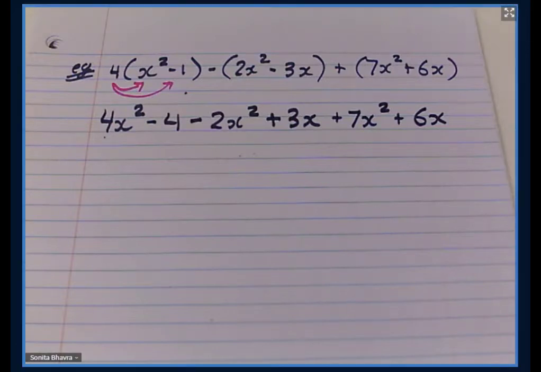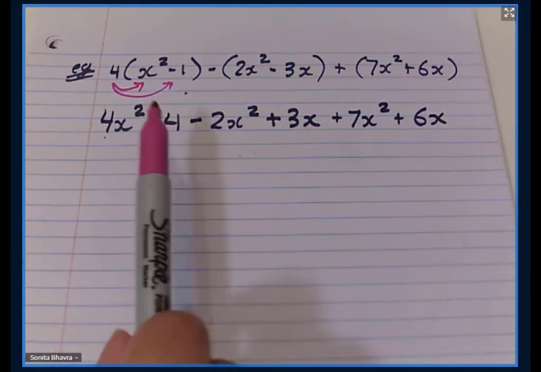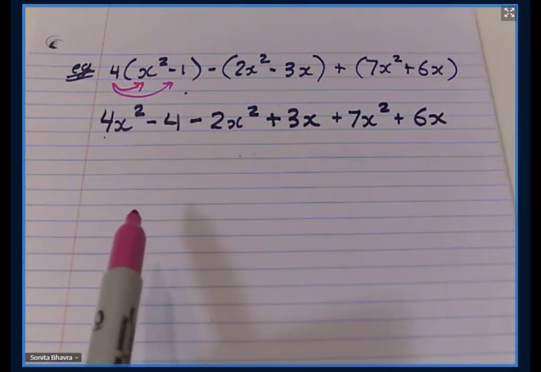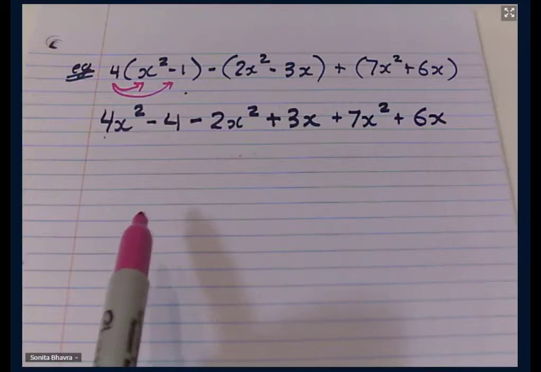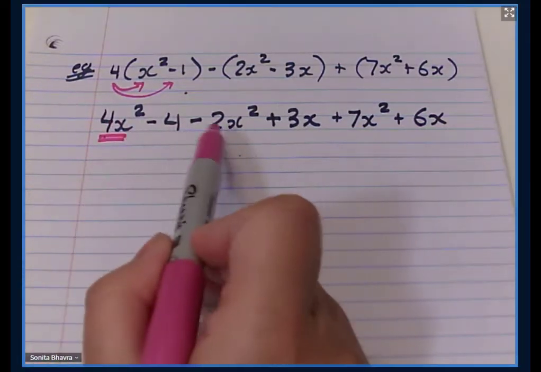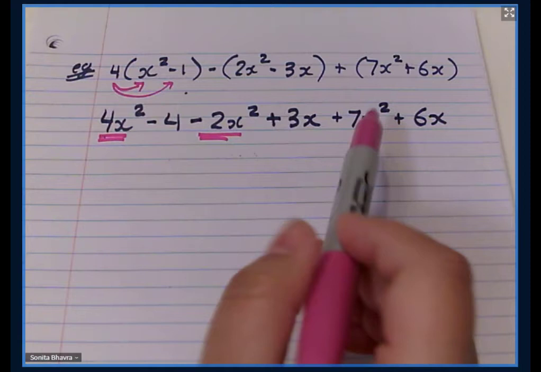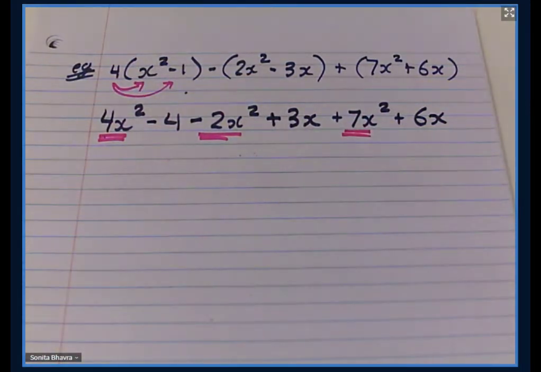Okay, and now all we have to do is collect our like terms. So I'm going to start with our largest exponent, which is x squared. So we have 4x squared minus 2x squared plus 7x squared. All right, so 4 minus 2 plus 7, that gives me 9.